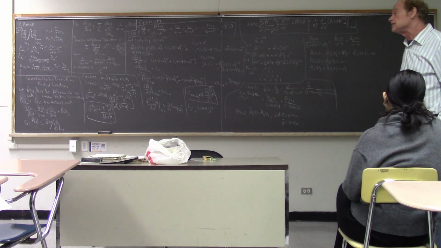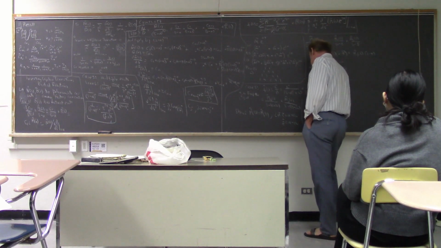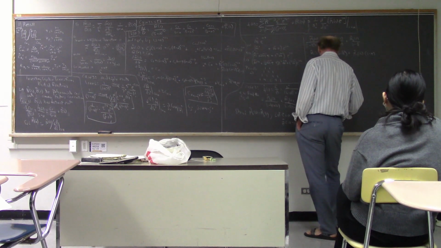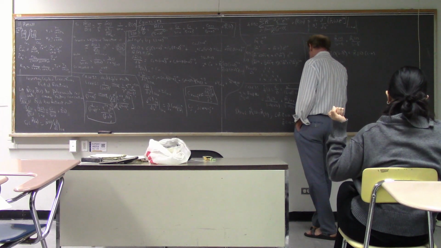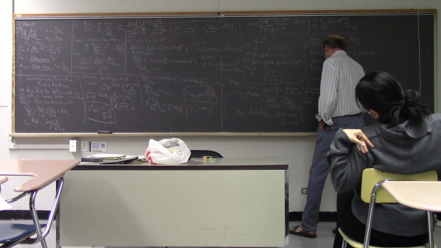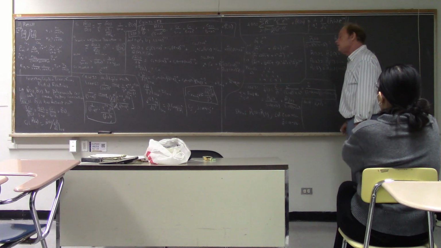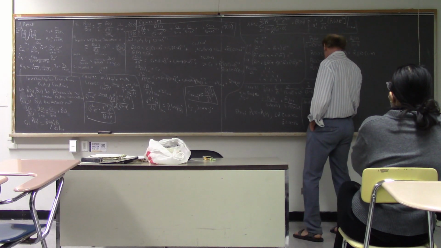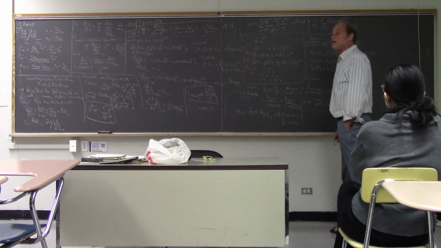So now I need a little aside before I go to the next step. So here's a little aside. Z1 plus Z2 bar is equal to Z1 bar plus Z2 bar. How do I know that?